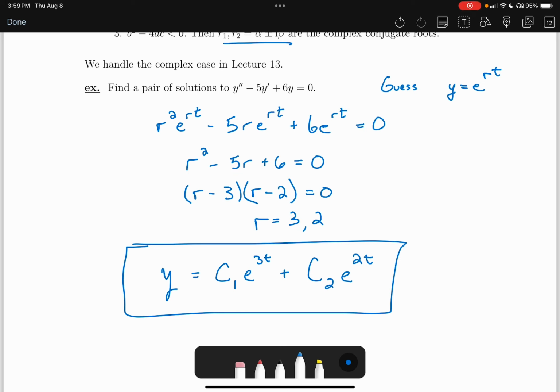And so these are all of the different possible combinations. With our boundary conditions, of course, we can solve for C1 and C2.